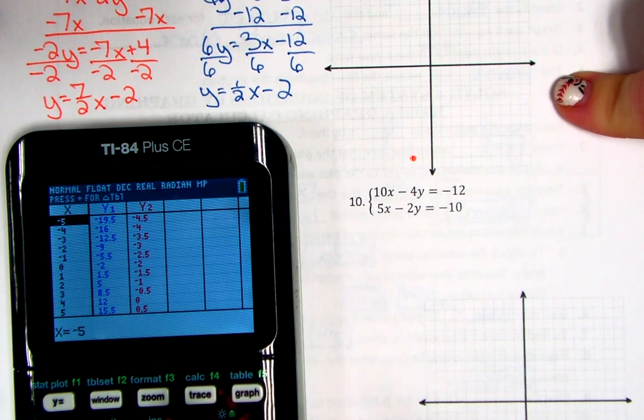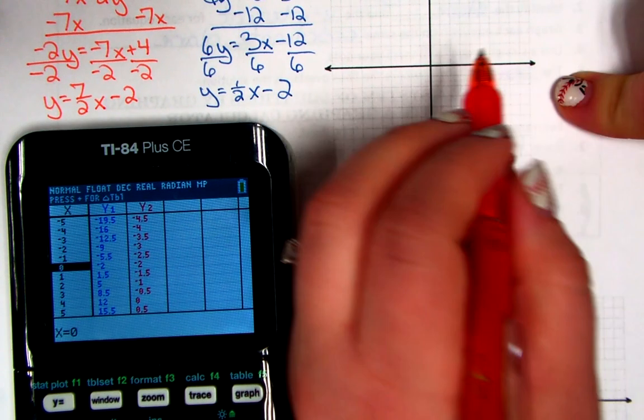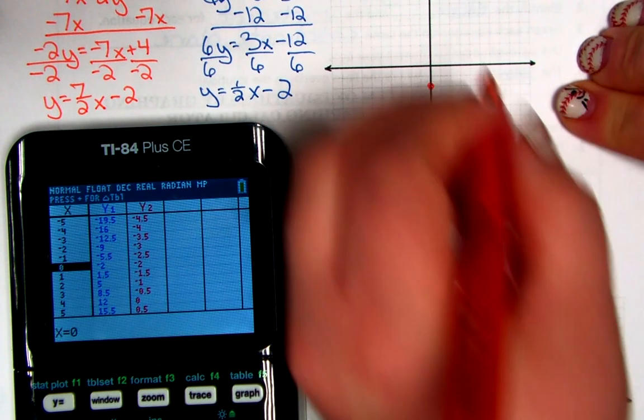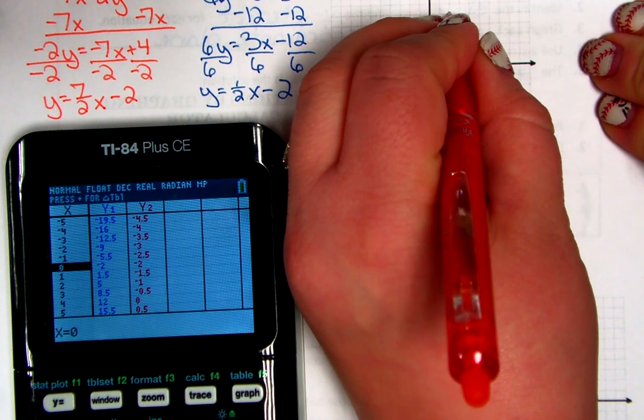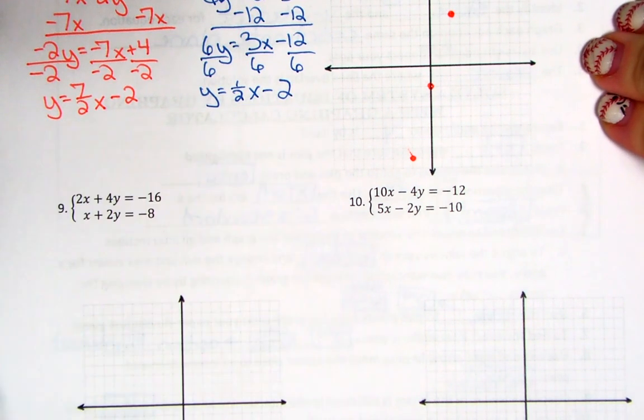And I'll just move from there. Okay, those are the only ones that are really going to fit nicely on my graph. So I'll draw a line in between them.